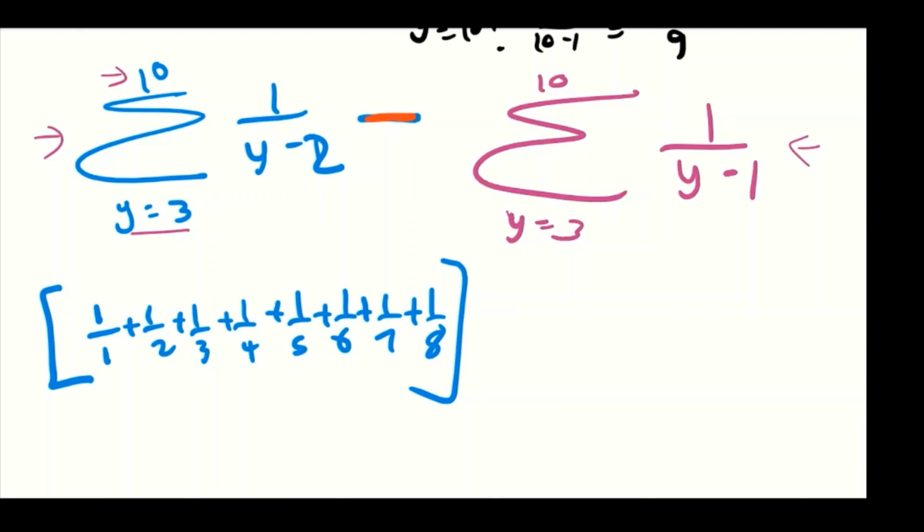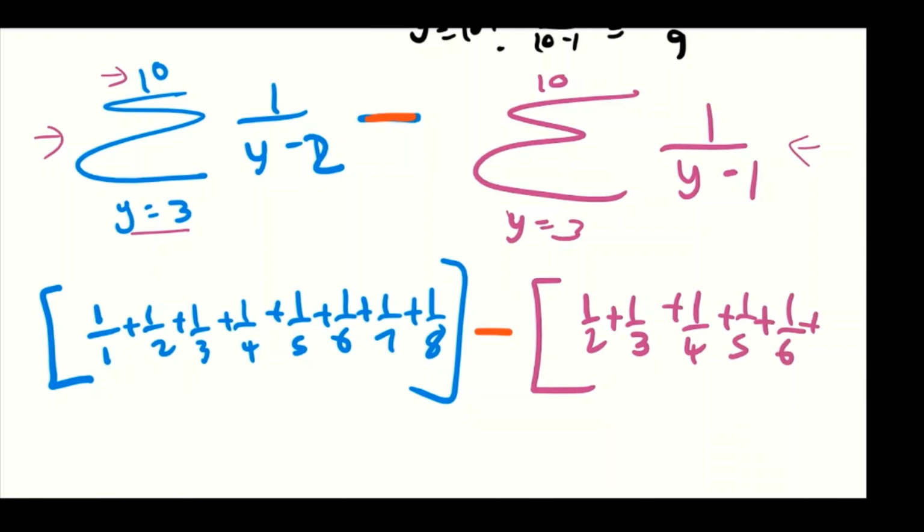So these are all the terms that we found. And then it subtracts these terms here for this sum here. So it starts at 1 over 2 plus 1 over 3 plus 1 over 4 plus 1 over 5 plus 1 over 6 plus 1 over 7 plus 1 over 8 plus 1 over 9, right?